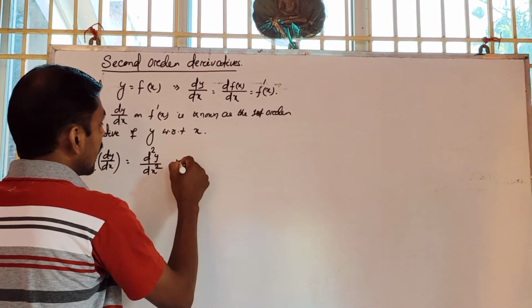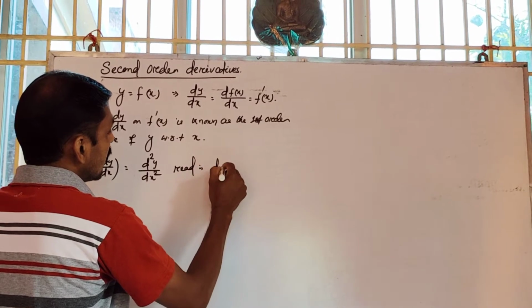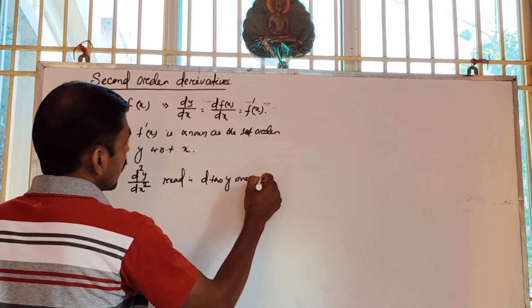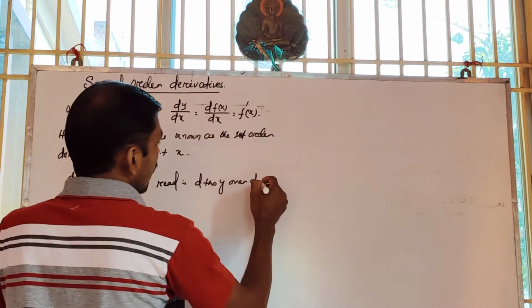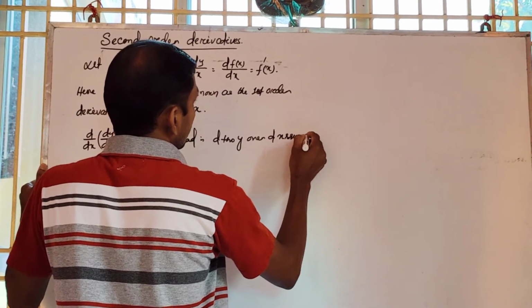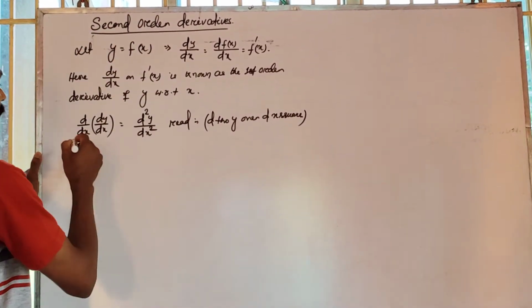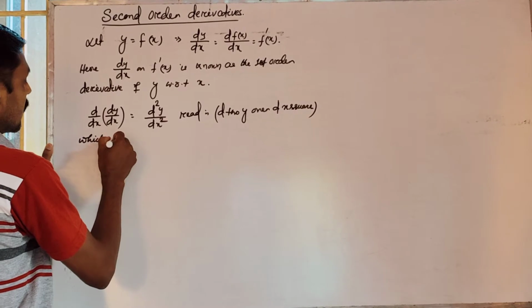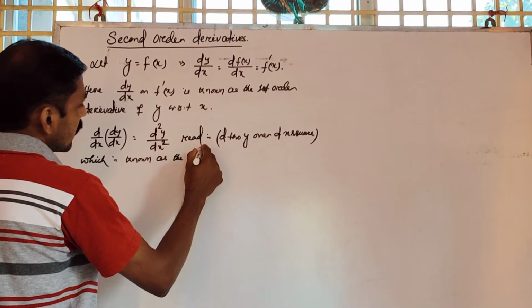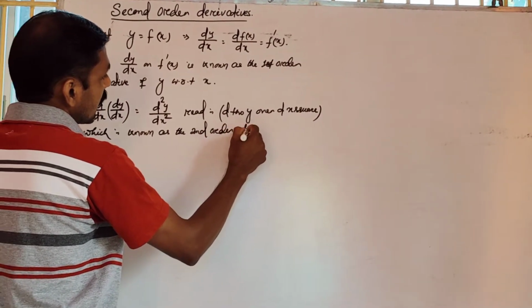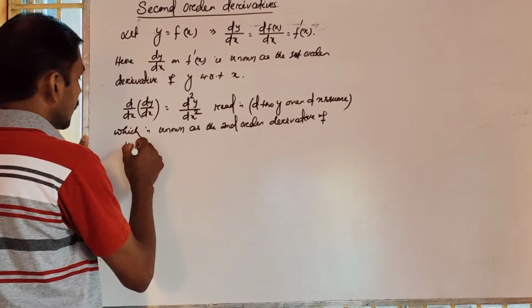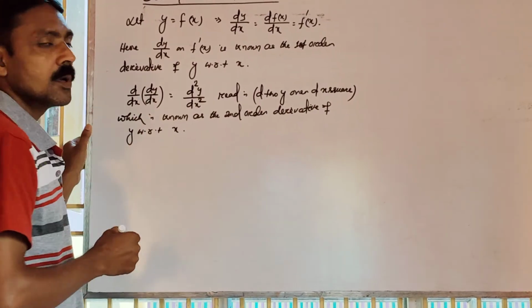Okay, read as d2y over dx square, not d square, which is known as the second order derivative of y with respect to x.